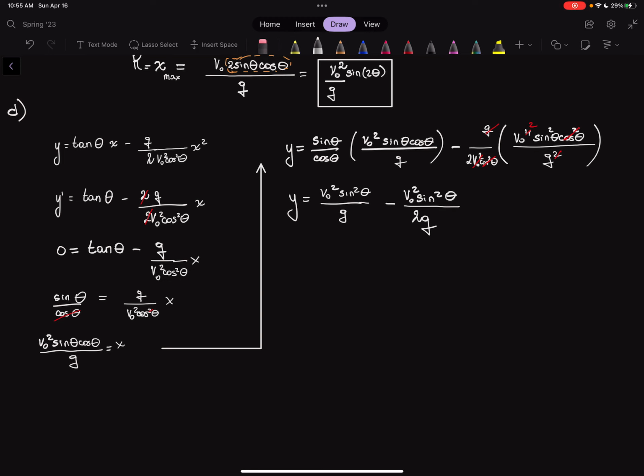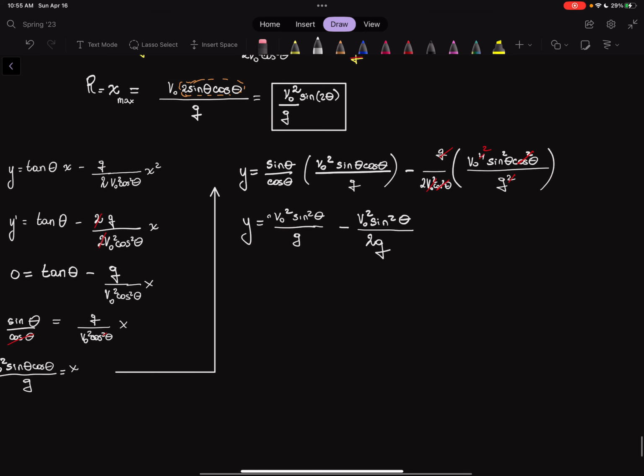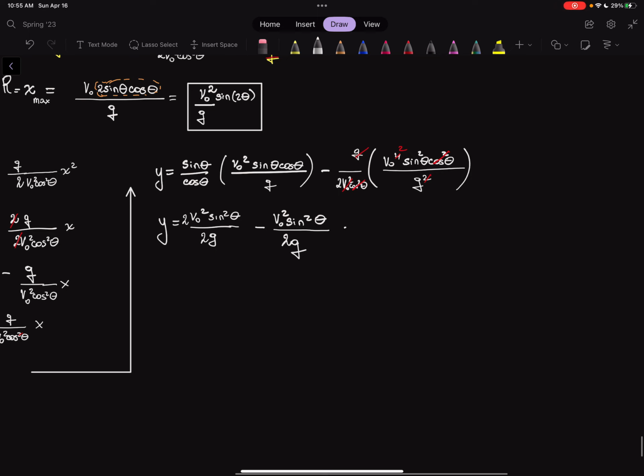Okay, and now that we have this, let's take a common denominator. So let's multiply this by 2 so that we have this. And now we get that 2 of something minus 1 of that something, where this is 1, is equal to 1 of that something, which is going to be sine squared of theta.